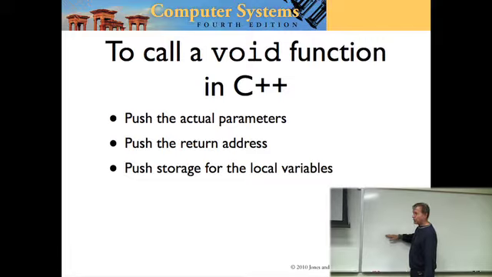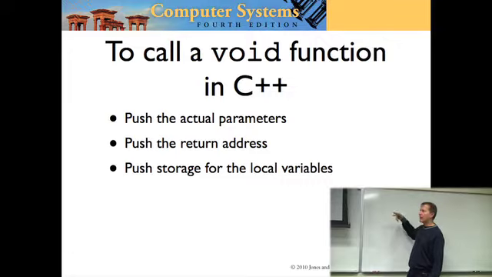So do you see that the main is the calling function? So the calling function will push the actual parameter. Now who's going to push the return address? The calling or the called? Doesn't calling it push the return address? Yeah, so who executes the call instruction? The main does. So the calling does that.